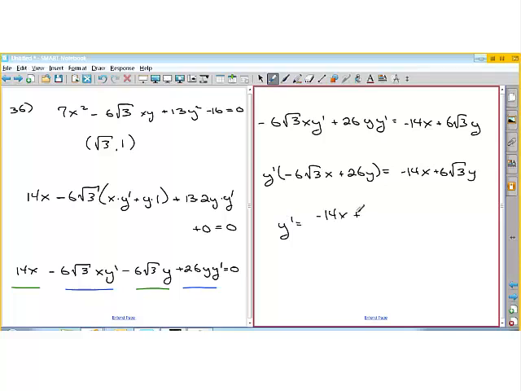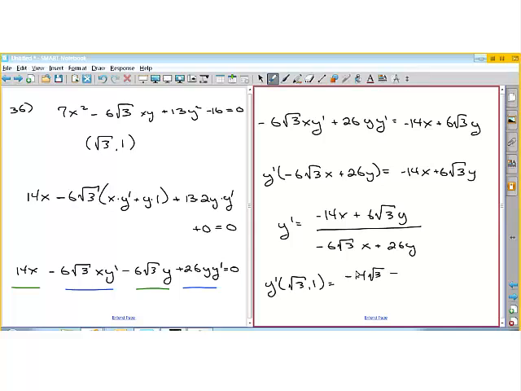So we'll get negative 14x plus 6 times the square root of 3 y, all divided by negative 6 square root of 3 x plus 26y. So that's the result. And then to find the slope of the tangent line, you plug in x equals the square root of 3 and y equals 1.